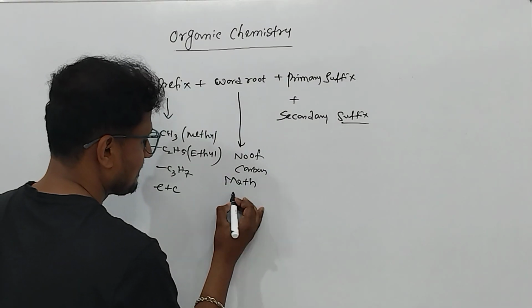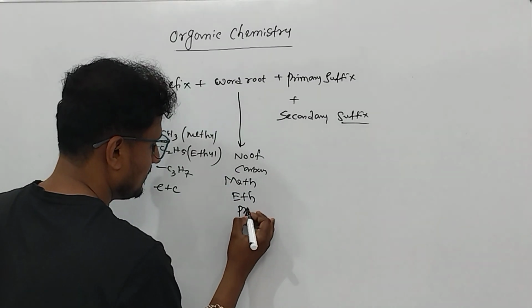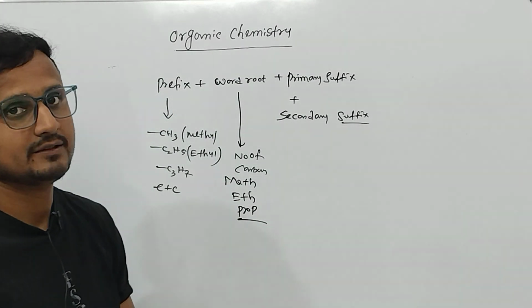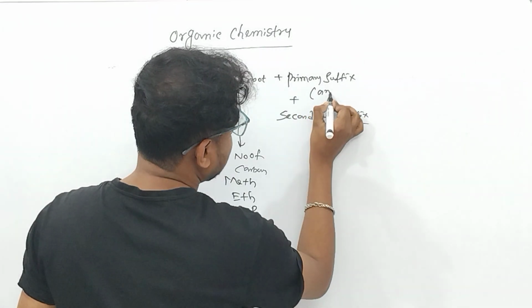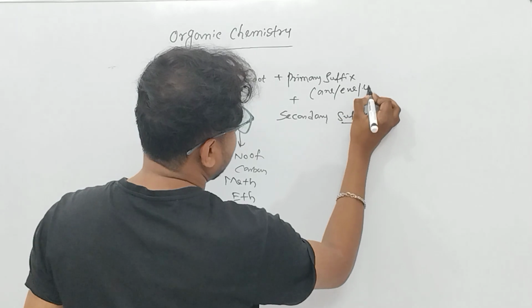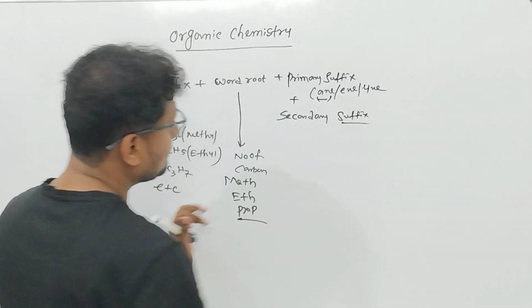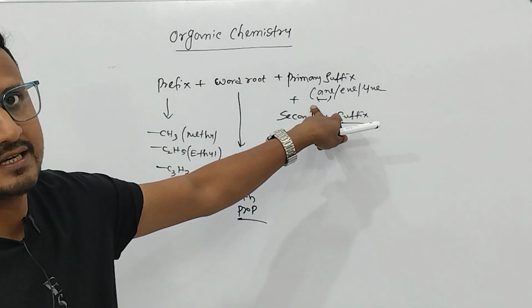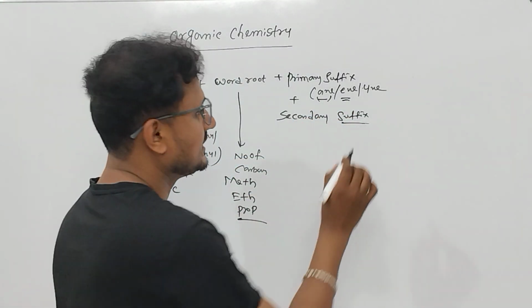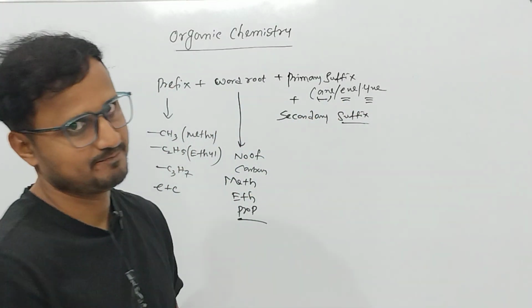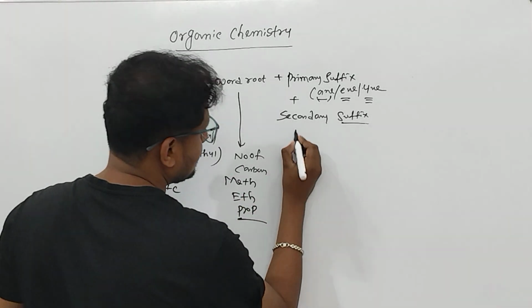This is meth, eth, prop, like that. The primary suffixes are ane, ene, and yne. Means if it is single bond, then it will be ane. If it is double bond, then it will be ene. If it is triple bond, then it will be yne. It will end with yne. And the secondary suffixes are the functional groups.